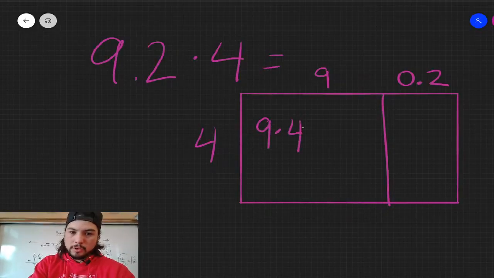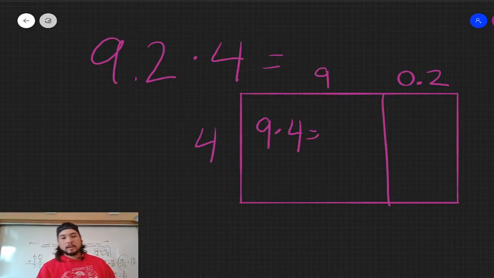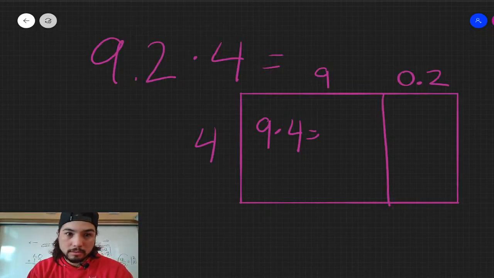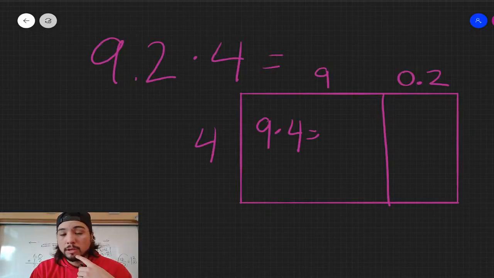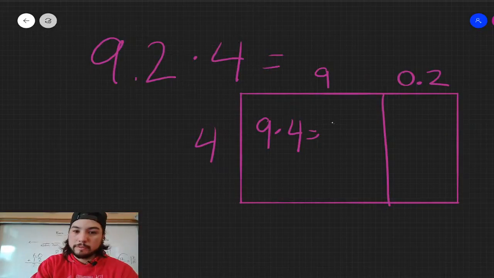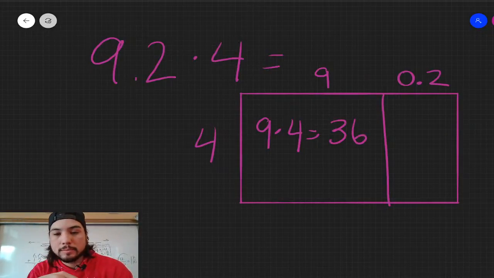Any way that works for you. If you have that automatic, great. If you want to think about it like 10 times 4 minus 1 times 4, right? 10 times 4 is 40 minus 4. Think about it that way. If you wanted to do 5 times 4 plus 4 times 4, that would get you there too, right? Lots of different ways to get to 9 times 4 equals 36.